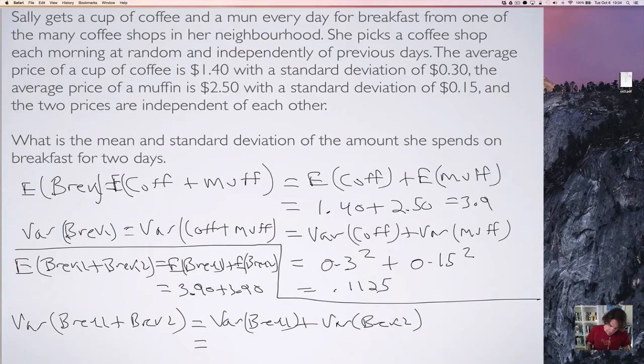And in this case, that's equal to 0.1125 plus 0.1125. So for the standard deviation, that's equal to plus or minus the square root of 2 times 0.1125. And that's how you use the rules for means and variances to figure out the standard deviation for her breakfast for 2 days.